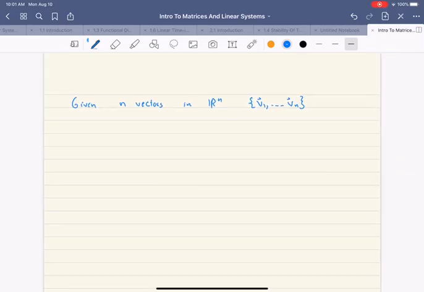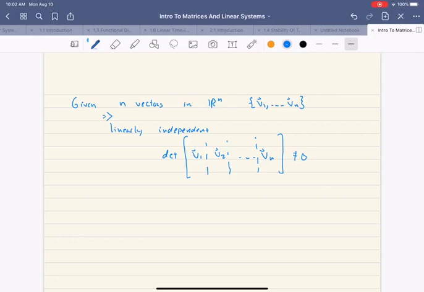Then if they are linearly independent, then the determinant of the matrix made up of the columns being these vectors (you could also do this with the rows, it's the same thing) is not equal to 0.